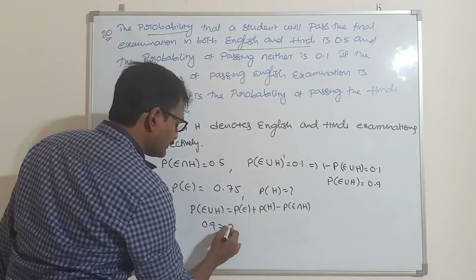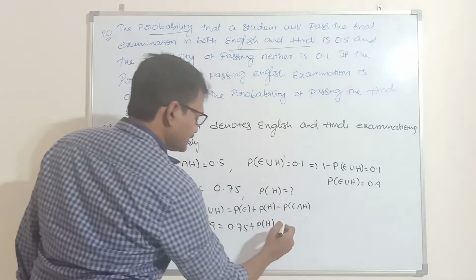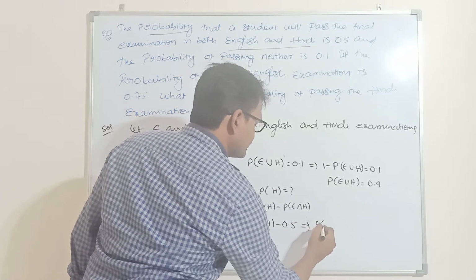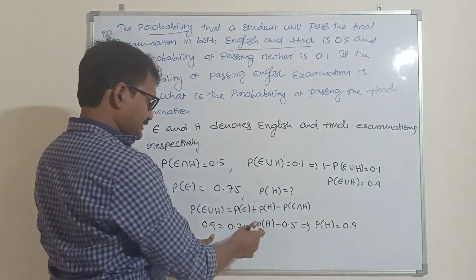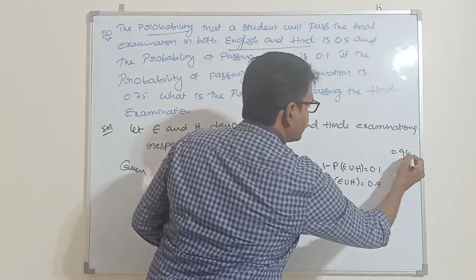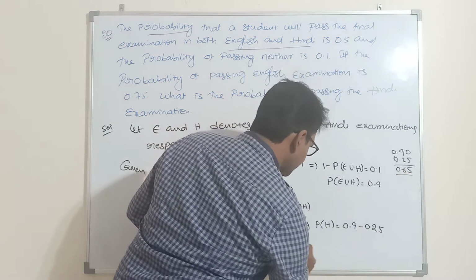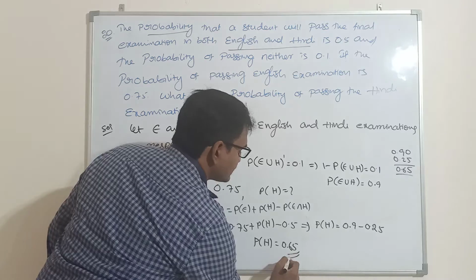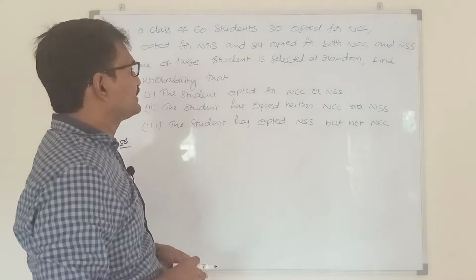So 0.9 equals P of E, 0.75, plus P of H minus P of E intersection H, 0.5. So P of H is equal to 0.9 minus 0.25, which is 0.65. So the probability of passing the Hindi examination is 0.65.